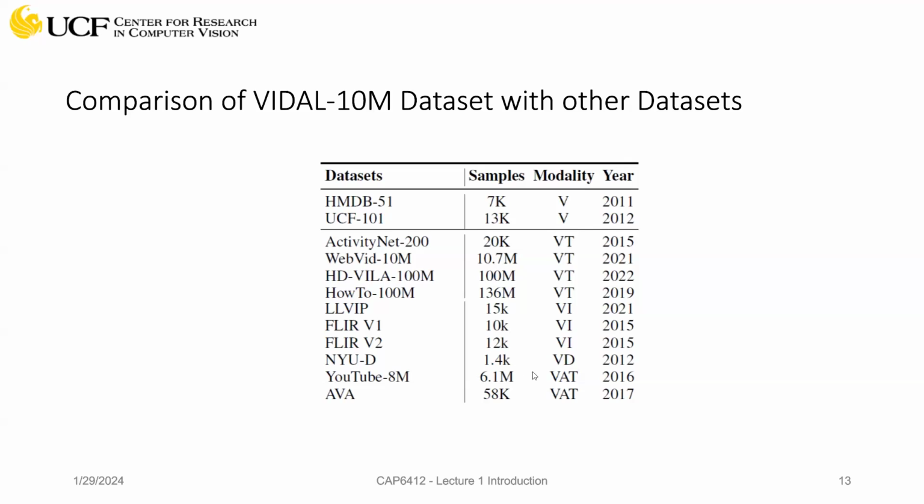NYUD has video and depth, and this one has video, audio, and text. What they did was come up with their own data set, which they call VIDAL-10M, which has 10 million samples and has every modality: video, images, depth, audio, and language. And this is the data set that we use.